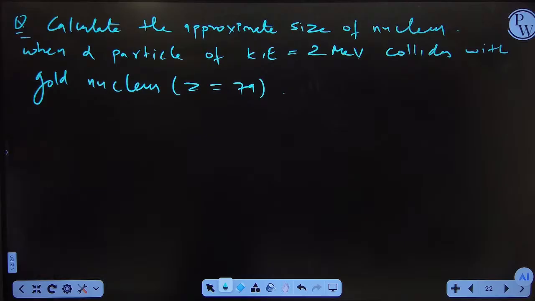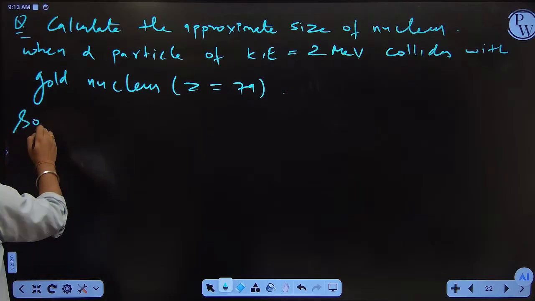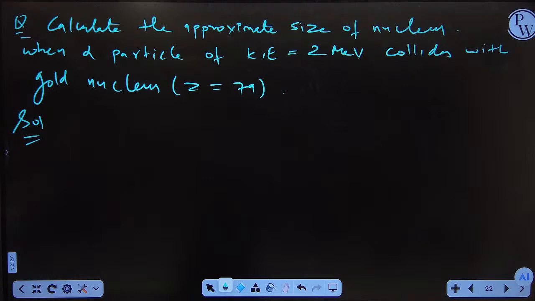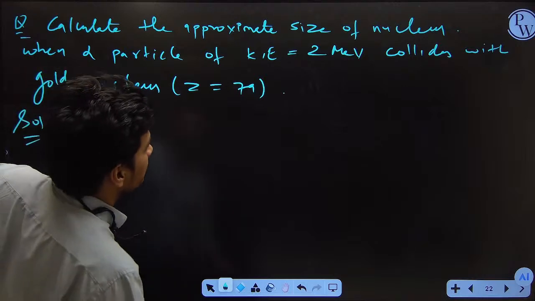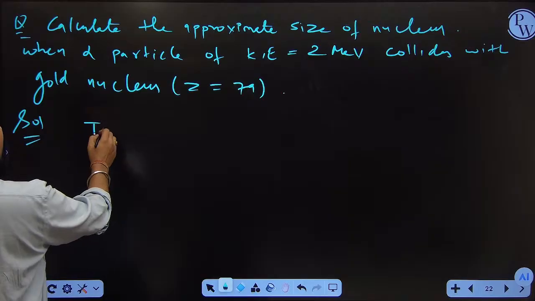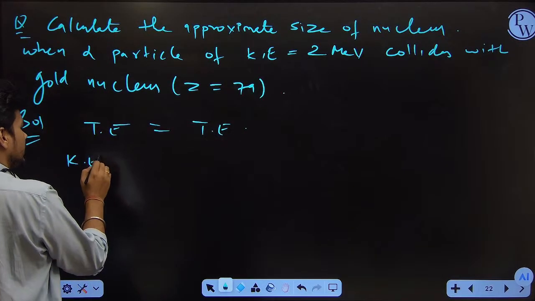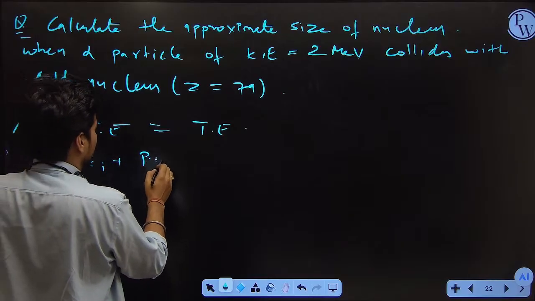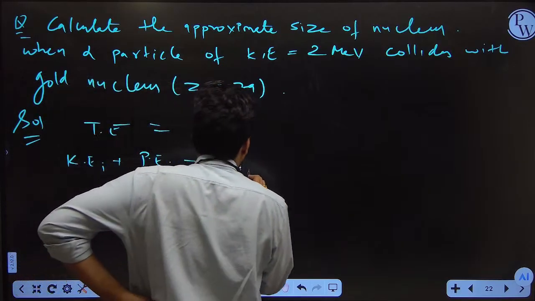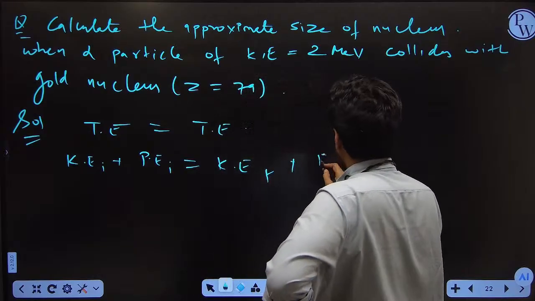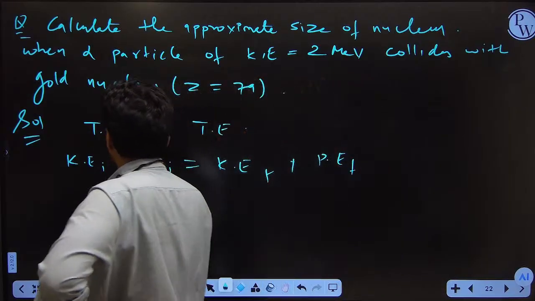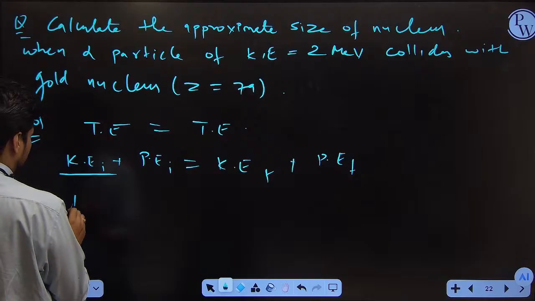What is so complicated in this? It's direct. What do you have to do? Total energy is equal to total energy, right? Kinetic energy initial, or if you remember the formula, you can apply the formula also. I have terrible memory, I can't remember anything. I will derive it. So initial kinetic energy is what?